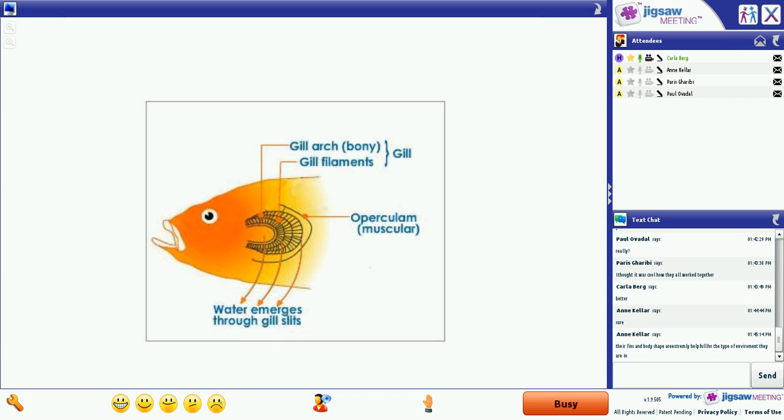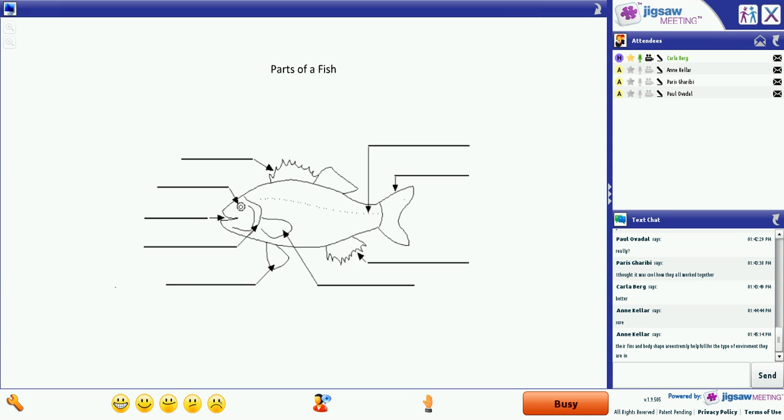The gill arch is a bony structure in front of the gill filament. The operculum is a muscle that covers gills to protect them. And then there is water that emerges through the gill slits that allows the oxygen to be filtered out of the water.